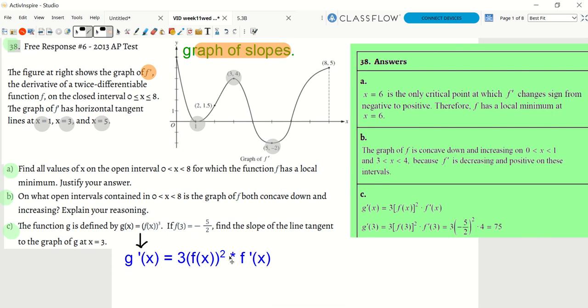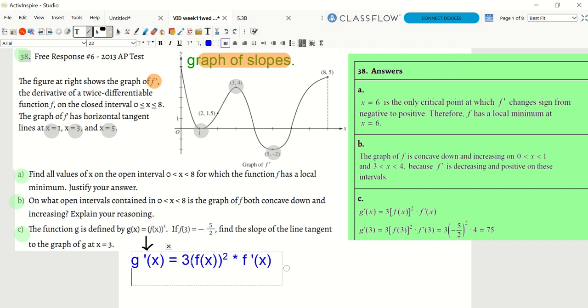Now it's asking for the slope of G at x equals 3, so I'm going to replace all the x's with 3's. Boom and boom. So we just basically have to solve this. Now, let's talk about f of 3. Let's fill that in. That's given to you.